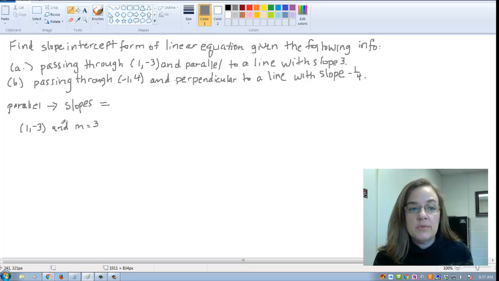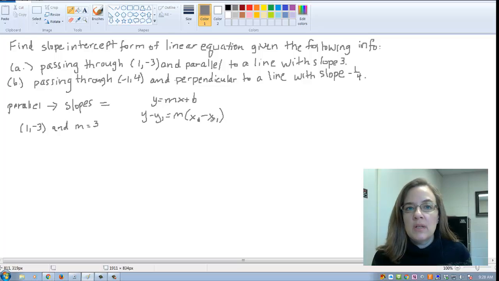Now you can either use the slope-intercept form of the line, or you could use the point-slope form to solve for it. Doesn't matter, whichever one you're comfortable with. It seems like people come from high school having done this, and it just depends on what the latest is. You know, some teachers stick with slope-intercept, some stick with point-slope. Whichever one you're most comfortable with, use that.